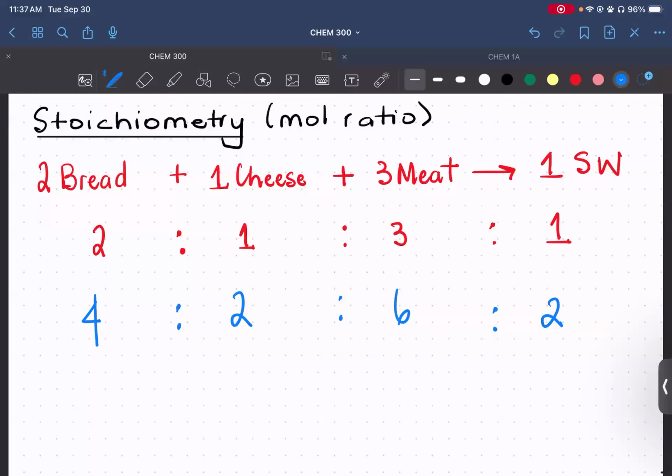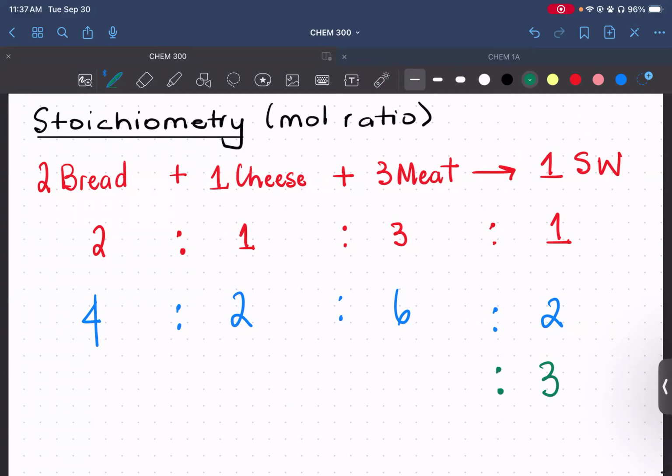This right here is the fundamental idea behind stoichiometry. Ratios, that the amount of one reactant affects the amount of another reactant. Similarly, if we want to make a certain amount of product, let's say that we intend on making 3 sandwiches.